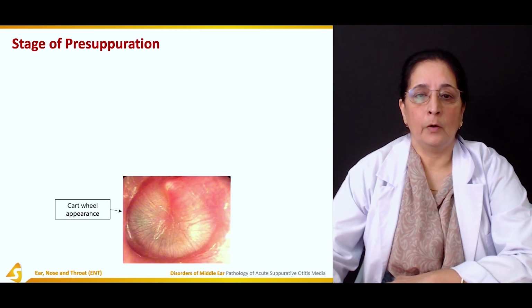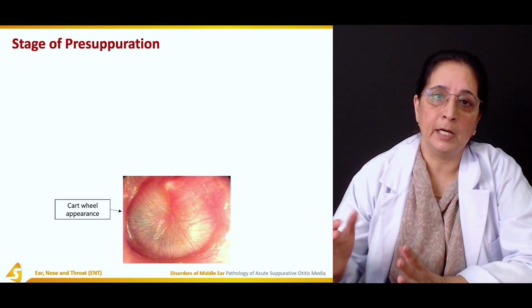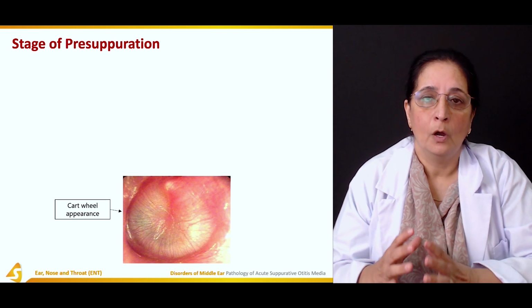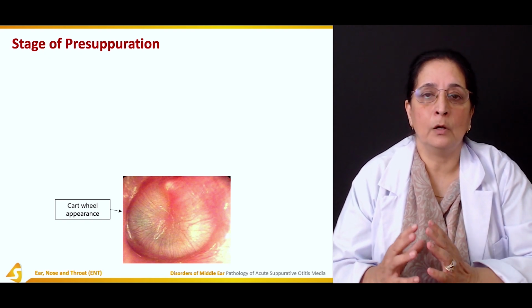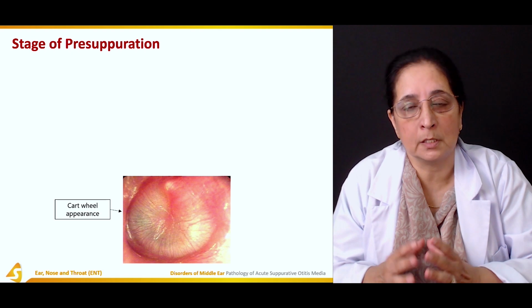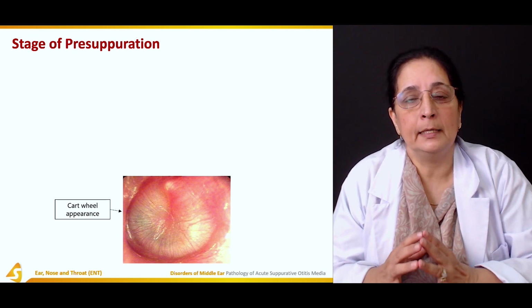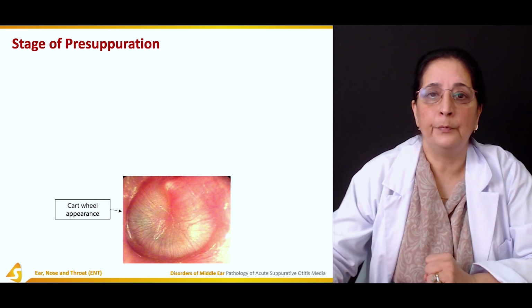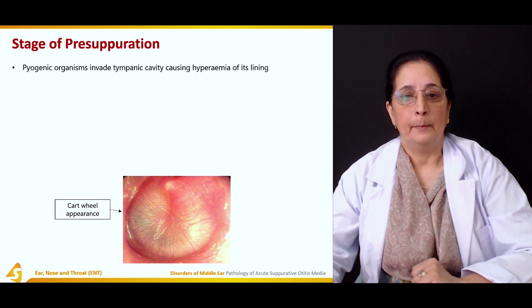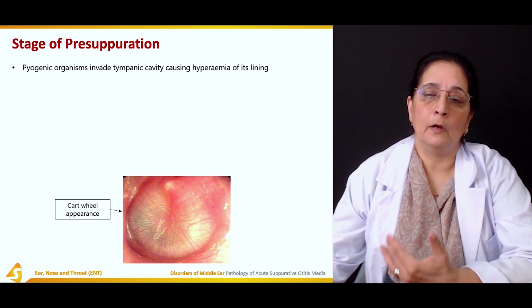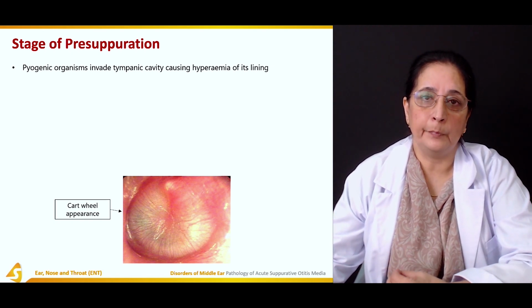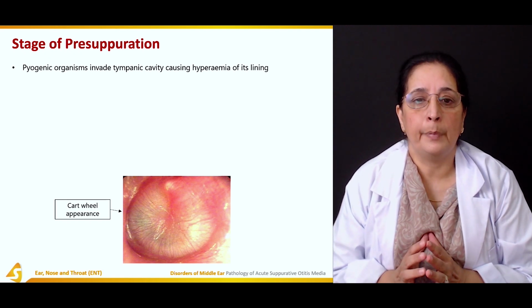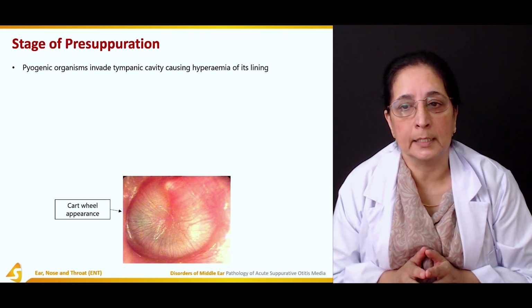Now, stage of pre-suppuration. Pre-suppuration means before the suppuration, before the pus develops in the middle ear. What are the stages before that happens? Pyogenic organisms, we already mentioned acute suppurative otitis media is caused by pyogenic microorganisms.